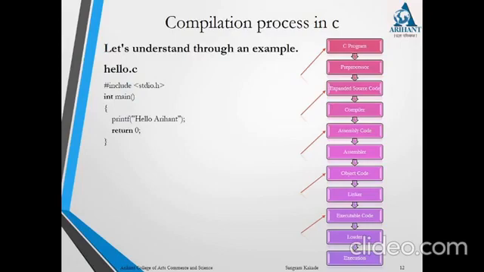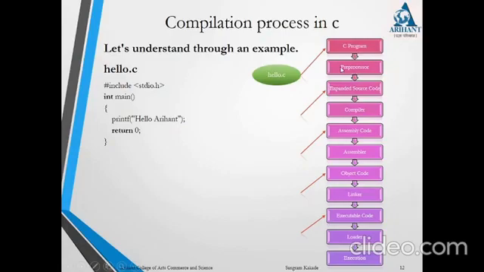Let's understand through a simple example. Let's take the example hello.c. Here I have included the stdio.h header file, int main, and I am simply printing hello Arihan. So when I start the compilation, hello.c, that is our source program, the C program, is passed through the preprocessor.